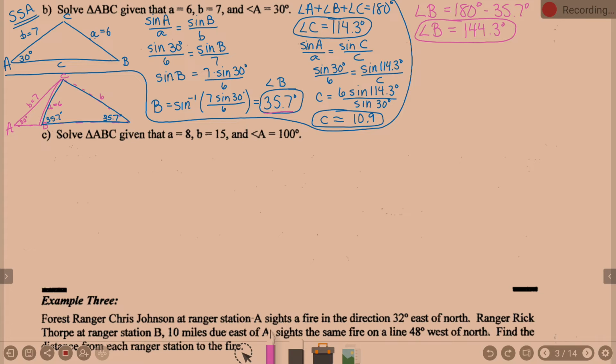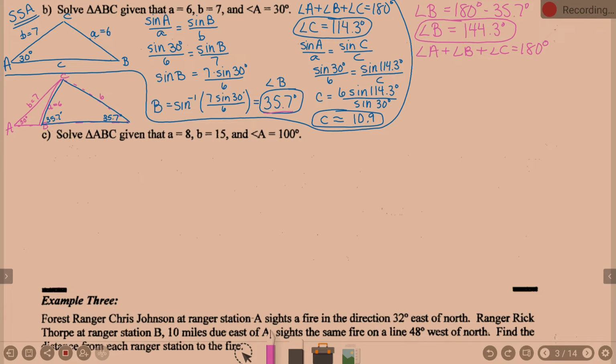Let's find angle C first. How do we find angle C? Still back to the same old thing that all three angles in a triangle are 180 degrees, yes? So angle A plus the new angle B plus angle C are going to equal 180 degrees.